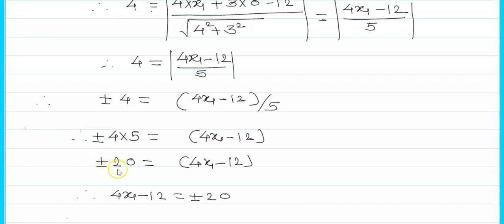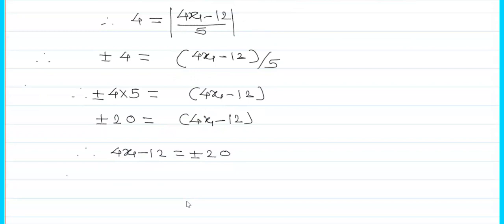Here you will get plus or minus 20 equals 4x1 minus 12. Again the simplification: 4x1 minus 12 is equal to plus or minus 20. Now here we can take one as positive and another as negative.